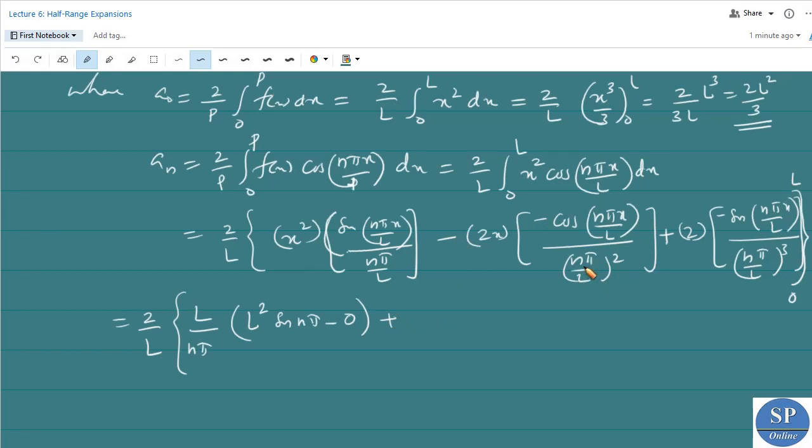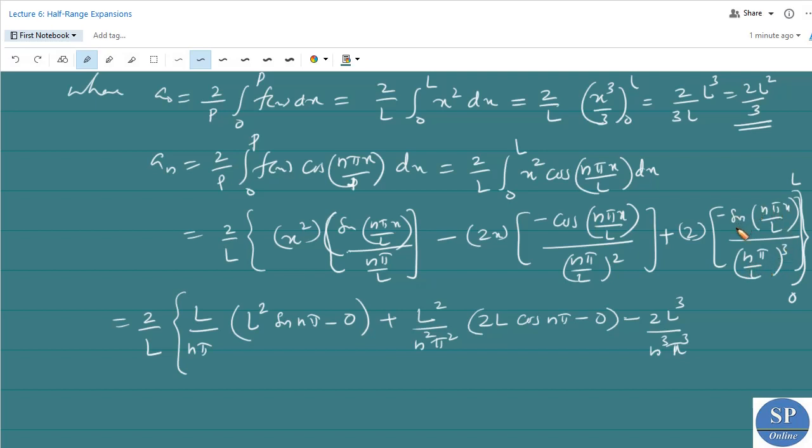So this is 1 by n pi by L whole square, so L square by n square pi square, into applying L for x, we have 2 into L into cos n pi L by L, that is cos n pi, minus applying 0, we have 2 into 0, so 0. Now plus, so minus 2 is here, so 2 into L cube divided by n cube pi cube, because here we have n pi by L whole cube in the denominator.